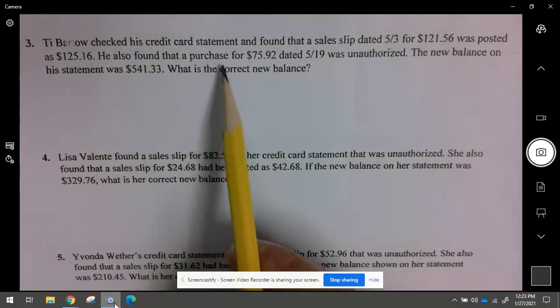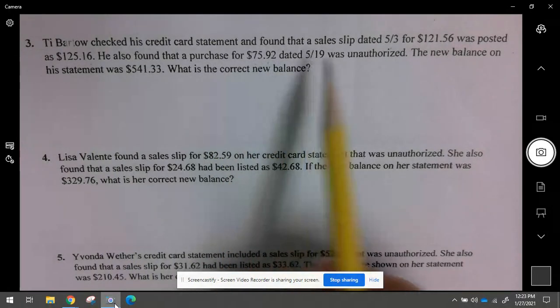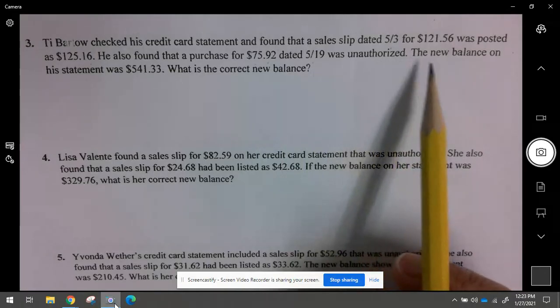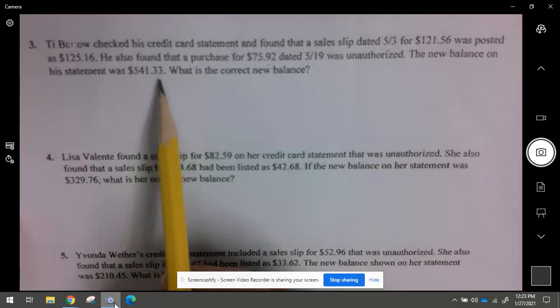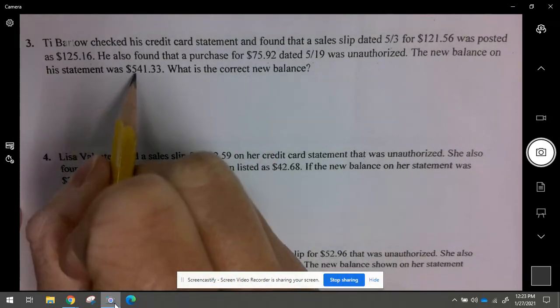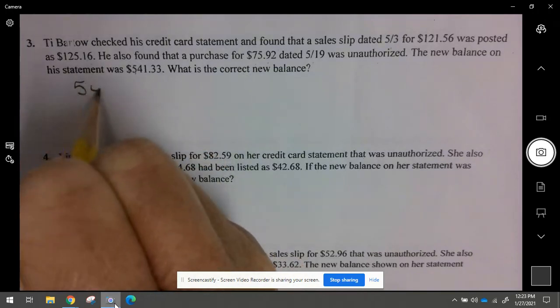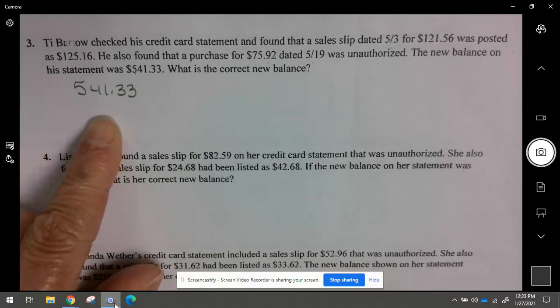He also found that a purchase for $75.92 dated on 5/19 was unauthorized. The new balance on his statement was $541.33. What is the correct new balance? Again, we start with his previous balance, $541.33. That's his new balance here.